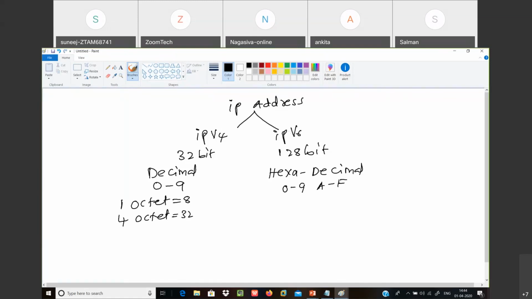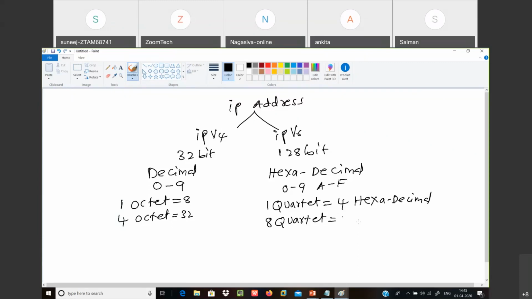What about IPv6? The 128 bits of IPv6 are divided into quartets. One quartet is equal to 4 hexadecimal numbers. Similarly, we require 8 quartets. 8 quartets equal how many hexadecimal numbers, guys?